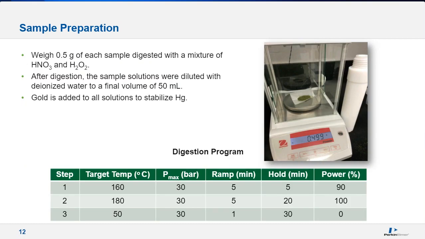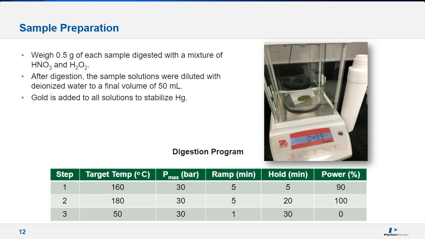So in the provided method and operating procedures, the sample preparation guidance is to weigh approximately 1/2 gram of sample. And for the work shown here, we weighed all samples in the range of 499 to 501 milligrams. This makes it easy and consistent from sample to sample. We then add gold to help stabilize mercury and add any matrix spikes at this time to assess matrix recovery or when performing method validation.